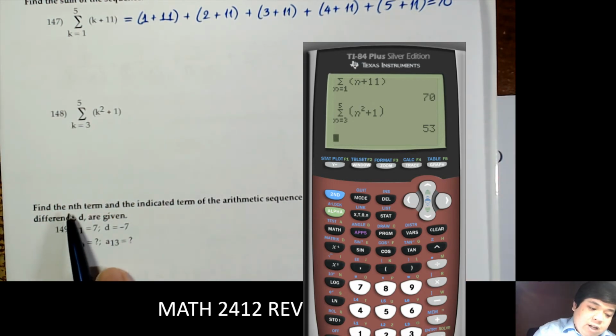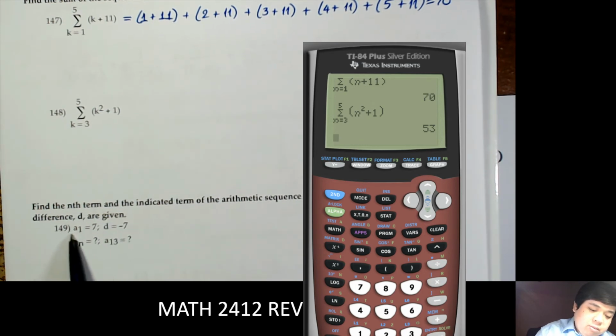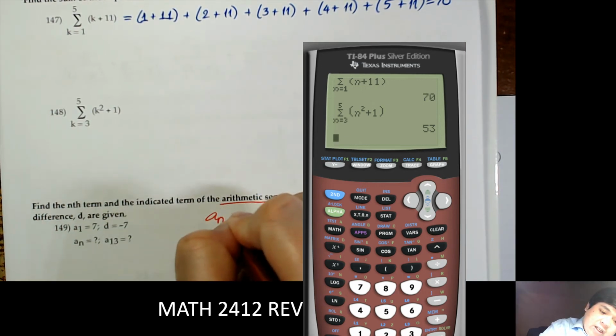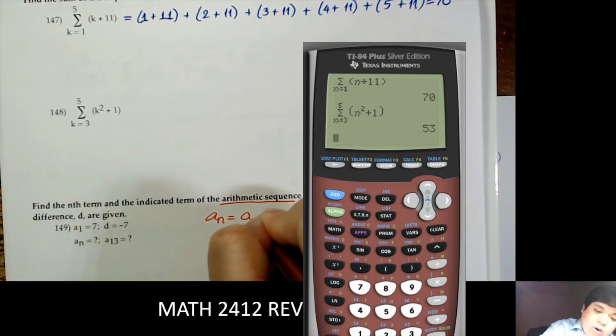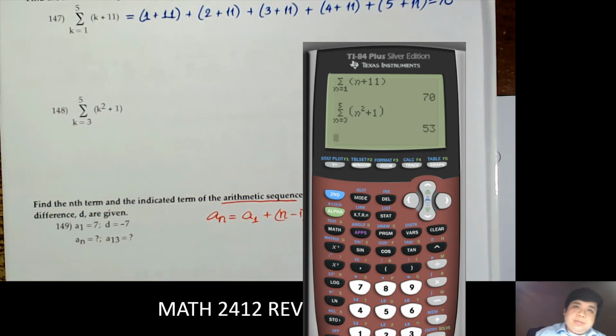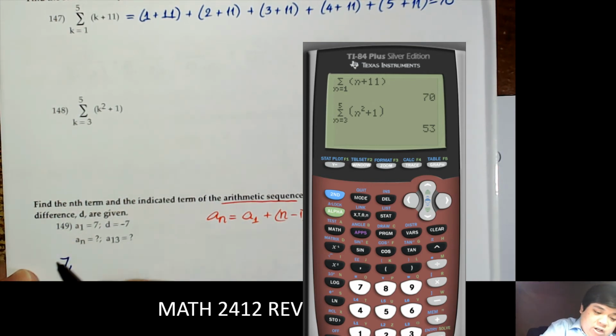Right. Find the n-th term of the indicated arithmetic sequence whose initial term is 7. The common difference is d. So arithmetic sequence a sub n equals a1 plus n minus 1 times d. So we start with 7, and then we just subtract 7 every time.